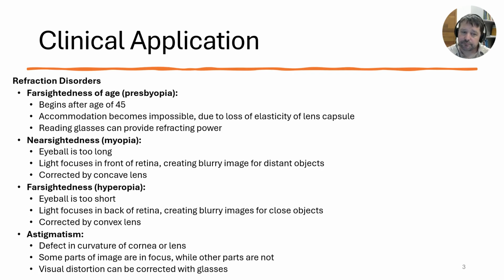And astigmatism is a defect in the curvature of the cornea or the lens. Some region of the cornea or the lens has a defect, so the curvature is not perfect. You can correct that with things like glasses.